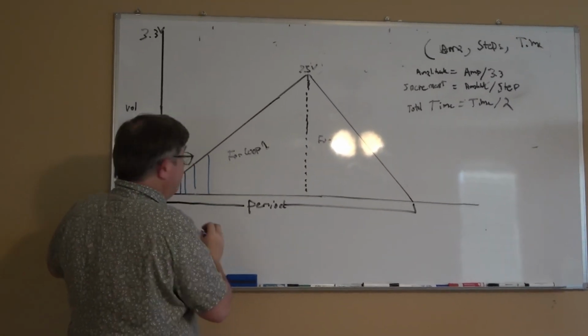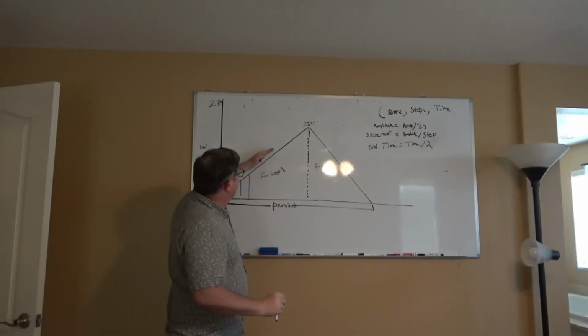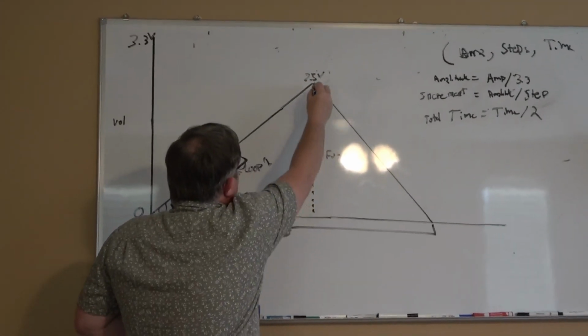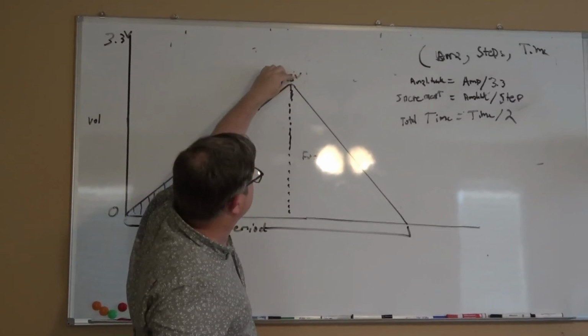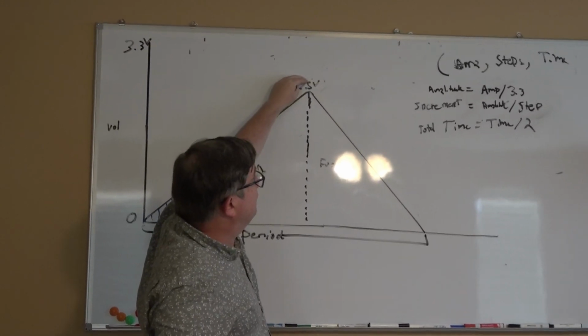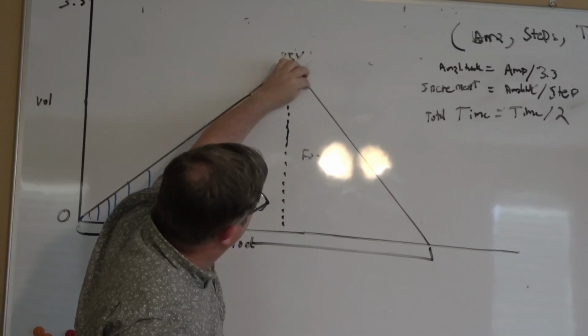Now, as we climb, we're going to go to the top right here, but we notice on the sawtooth wave it just dropped down. That means we need another for loop that starts at the top of your amplitude, and going down, we subtract.